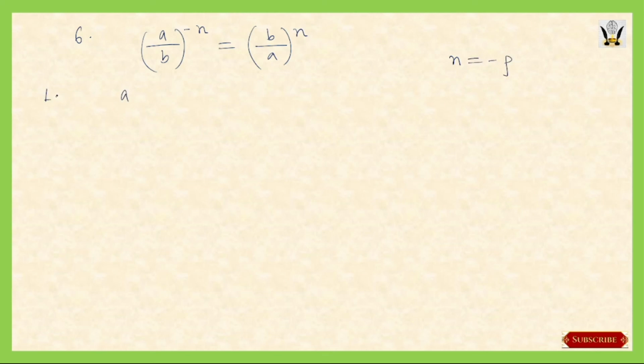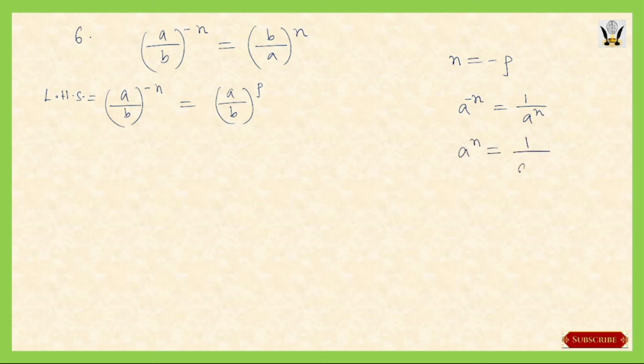Now the left hand side has a divided by b to the power minus n, which can be written as a divided by b to the power p. Since we know a to the power minus n is equal to 1 divided by a to the power n, on the other hand we can say a to the power n will be 1 divided by a to the power minus n. So this a by b to the power p can be further written as 1 divided by a by b to the power minus p.